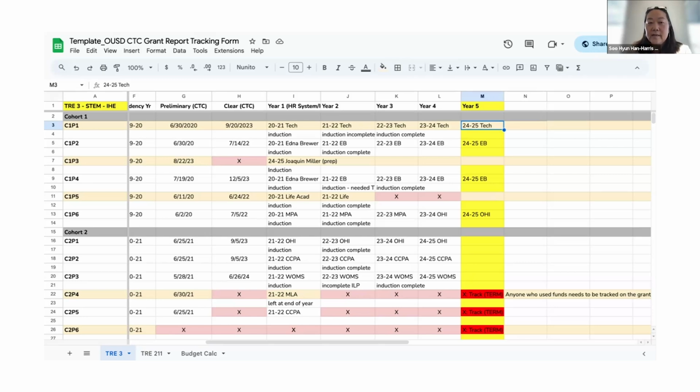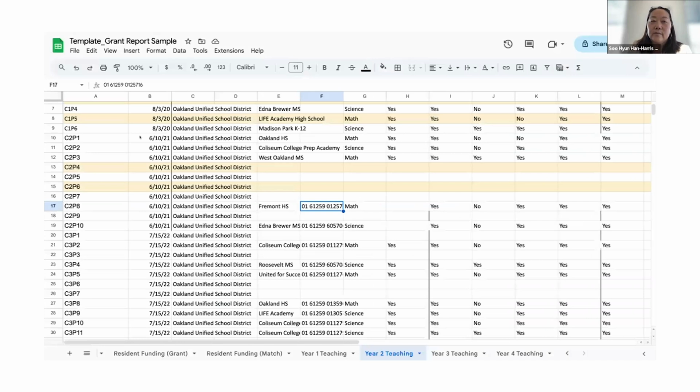So what I want to show you next is how this person actually translates to the grant report form. So this is a copy of an actual grant report form, but I've modified it so that it's anonymous.